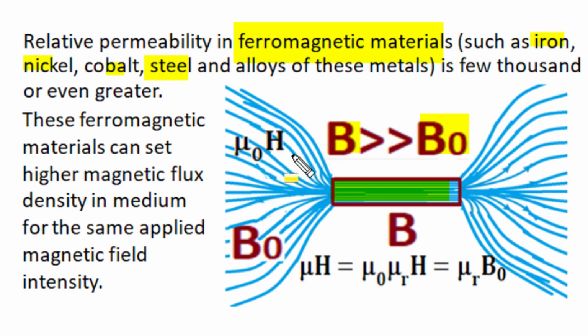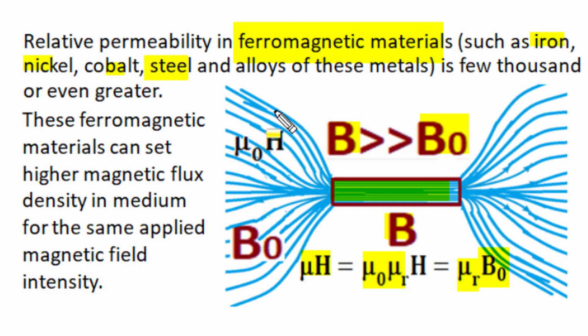And the reason for this increased value of magnetic induction in these material is the relatively higher value of relative permeability, which ranges from a few hundred to a few thousands or even greater. And in ferromagnetic material, magnetic induction becomes mu H, where mu is mu 0 times mu r, and magnetic induction will become mu r times magnetic induction in air.